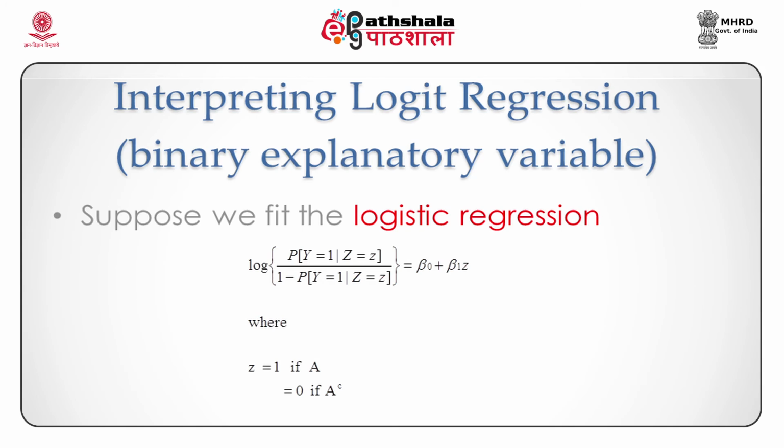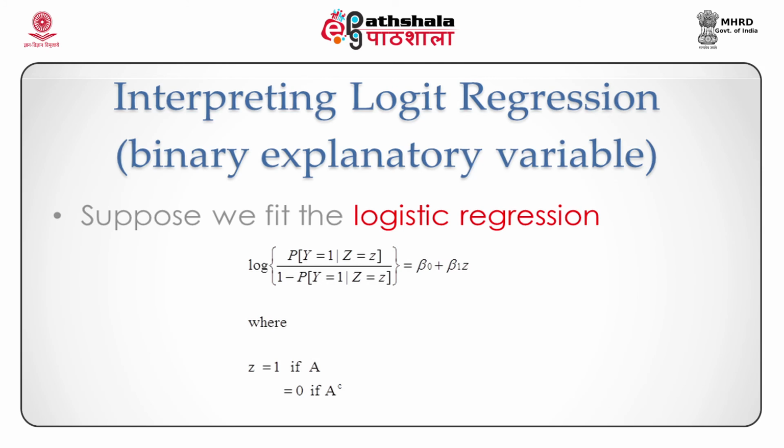So, in this case, with the single binary explanatory variable, we can obtain the odds ratio in two ways. One is through the 2 by 2 table, and the other is fitting a logistic regression. In the 2 by 2 table, or in the simplest case, there is no reason to prefer one over the other, but it is very rare that in any practical situation we measure only two variables.